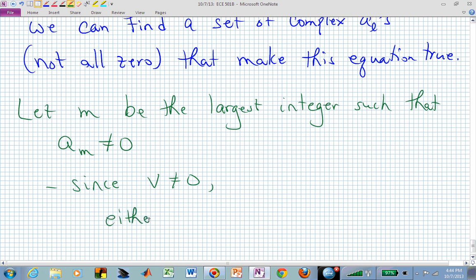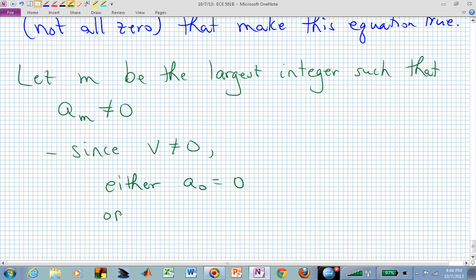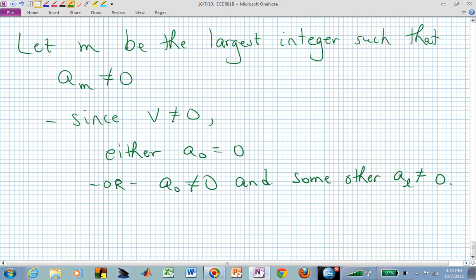Either a sub 0 is equal to 0, or a sub 0 is not equal to 0, and some other a sub l's are not equal to 0.